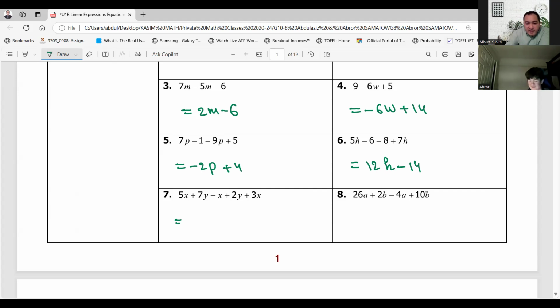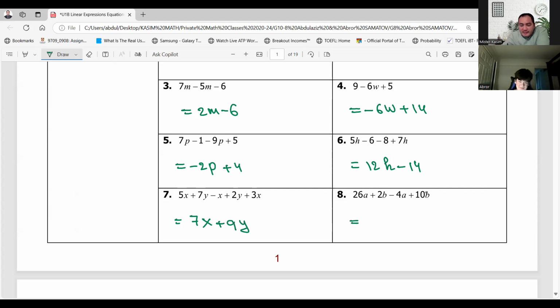Next, 5x minus x plus 3x. 7x. Yes. Next, 7y plus 2y, 7 plus 2 is 9. 9y.